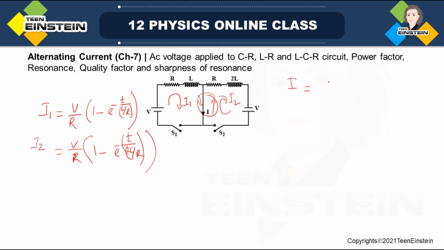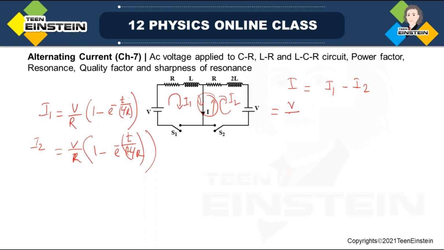From the superposition principle, I1 minus I2, because I2 is going in the opposite direction. So I1 minus I2 will give you the current through this middle wire.